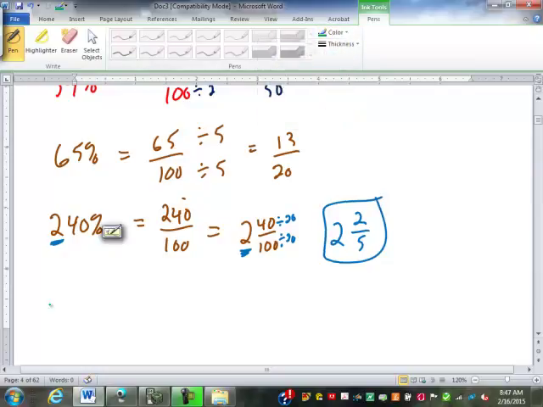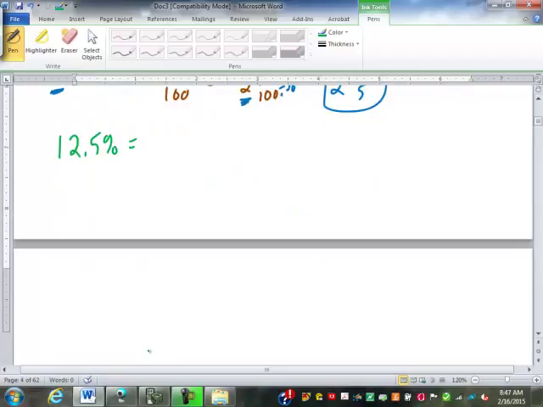Okay, how about this one? Since Jason brought this up, 12.5%. What's that going to become? Well, 12.5 over 100, but here's where that 1,000 comes in. We don't like having decimal points within our fractions, so how are we going to get rid of it? Well, it's only one decimal place, so we're going to get rid of it by multiplying by 10.